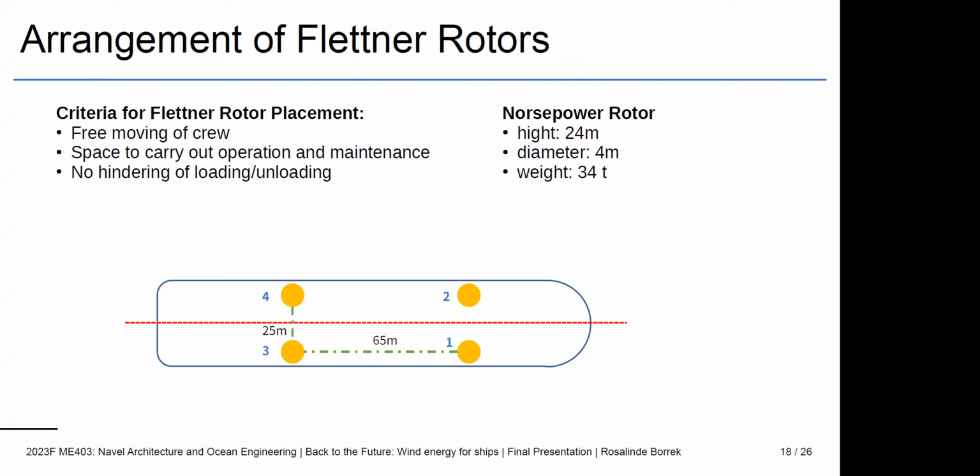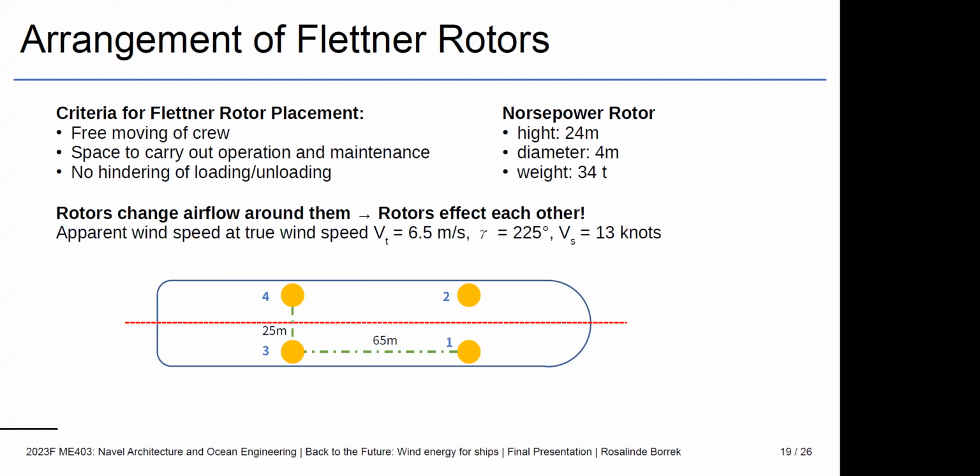Real-life examples we saw often use fewer because there's just not more space. We still decided to go with 4. We also decided on North Power Rotor, which is a company which has some experience in constructing such rotors.